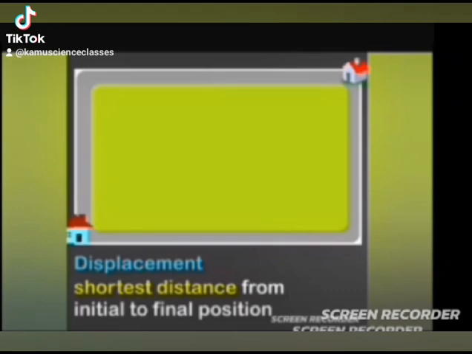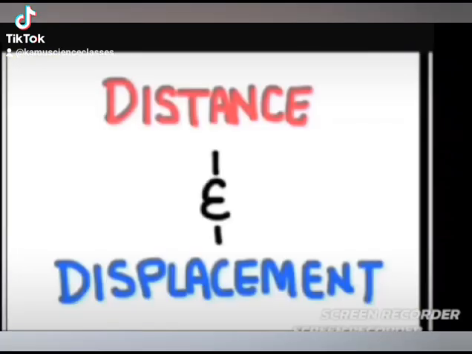So our displacement would be the square root of 40 square plus 30 square.